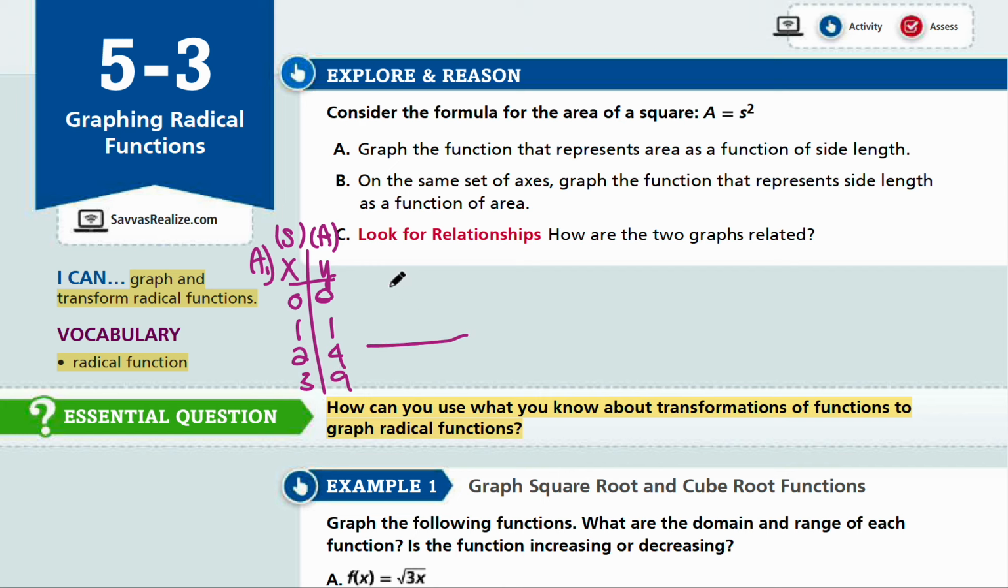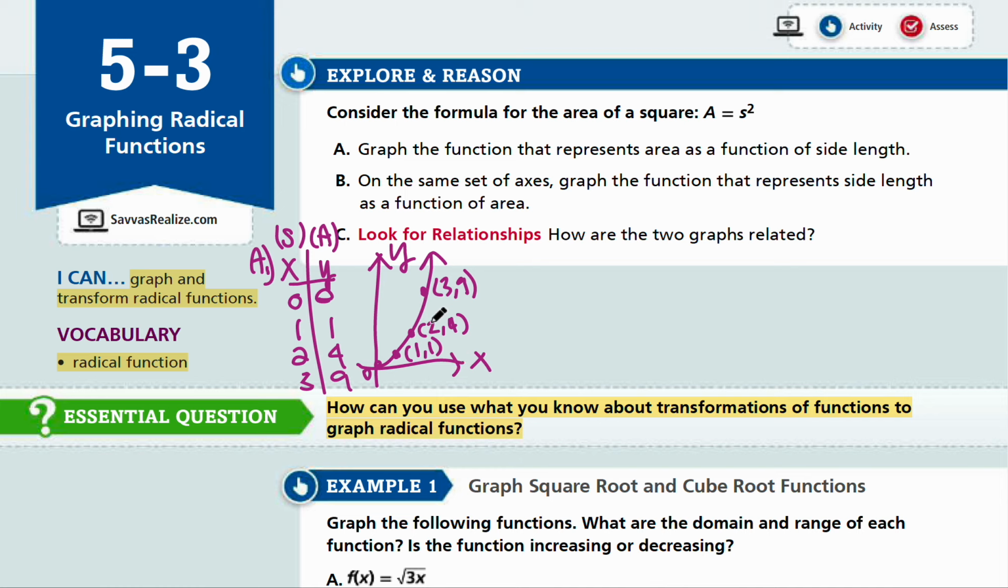So we can graph in quadrant 1 because it's going to be positive: 0, 0, and that's going to be 1, 1, and that's going to be 2, 4, and that's going to be 3, 9.